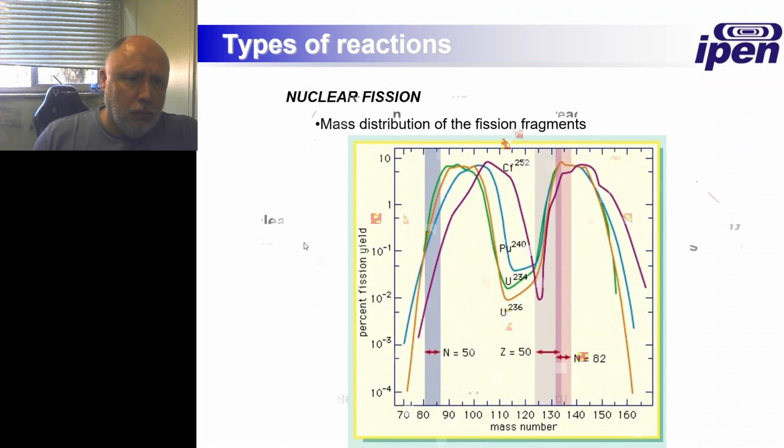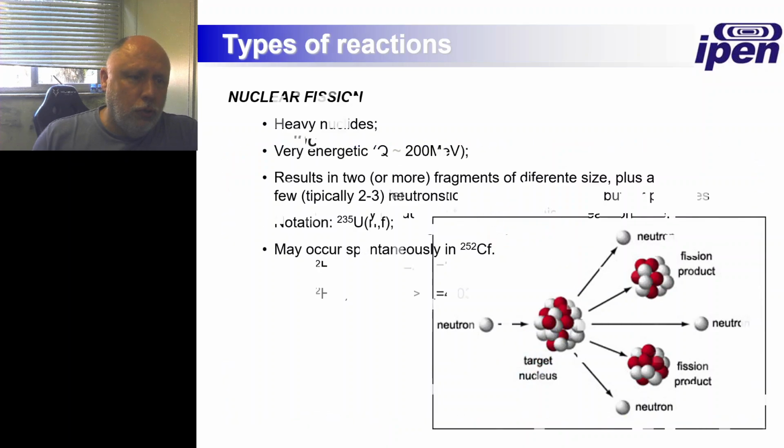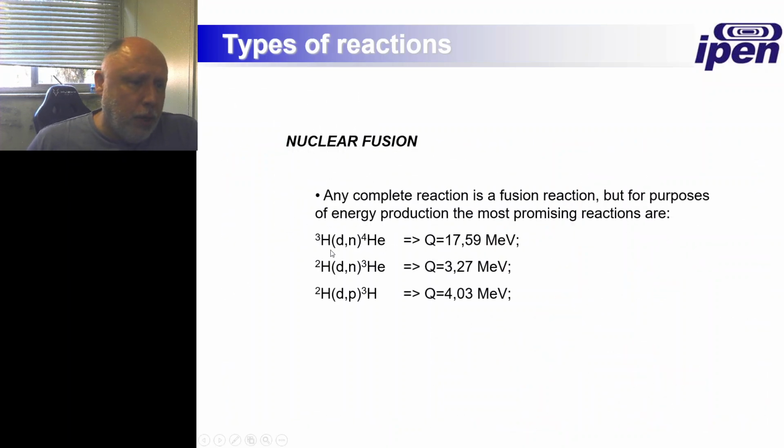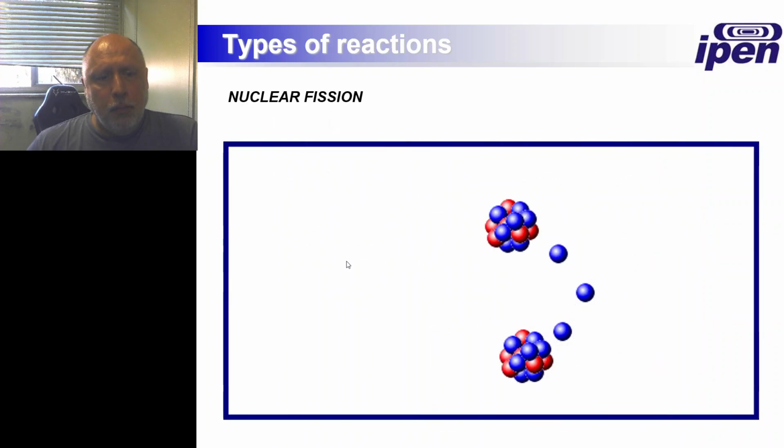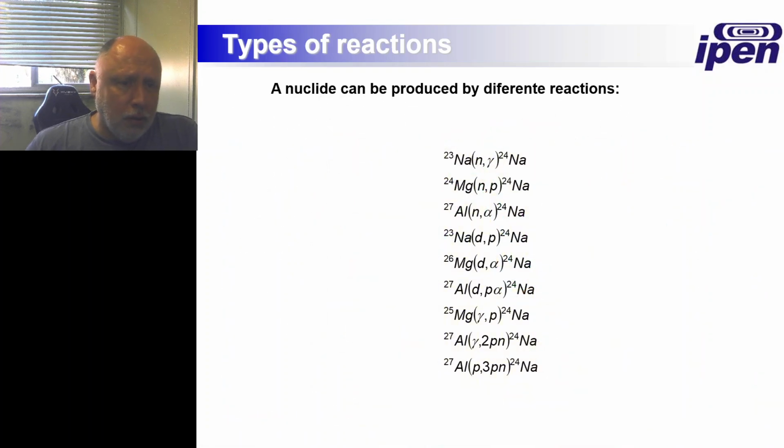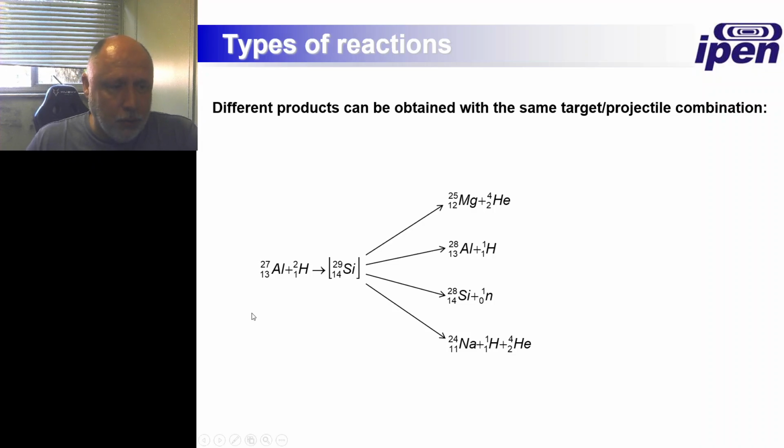Remember, I told you this here, that we had hydrogen-2, which is deuterons with deuterons, and we had two possible reactions, right? Same thing happens for every possibility. Every time you have the same projectile and target, you may produce a lot of different reactions.